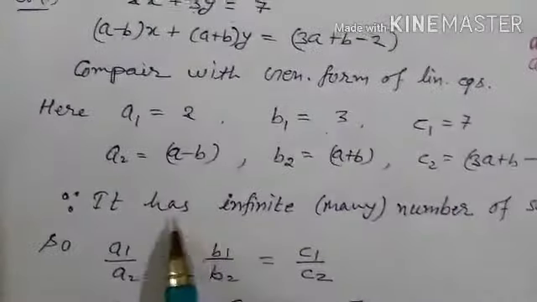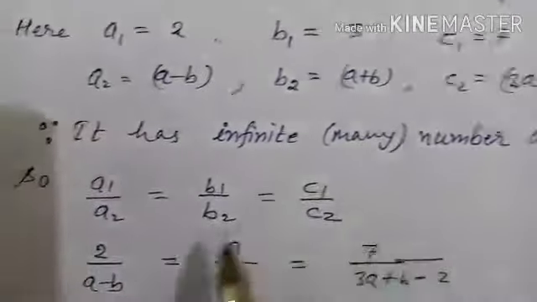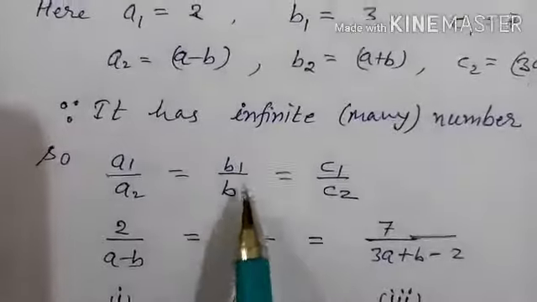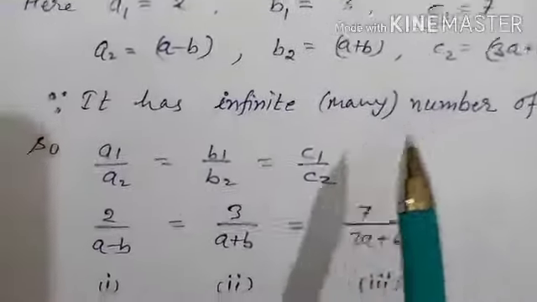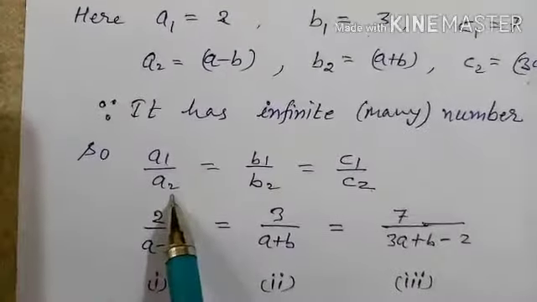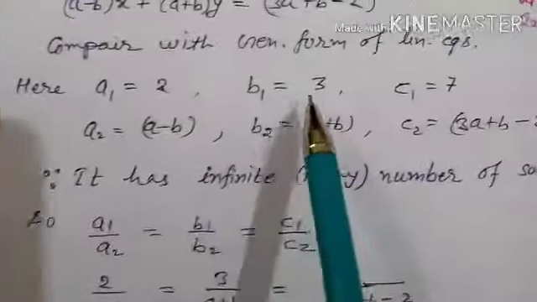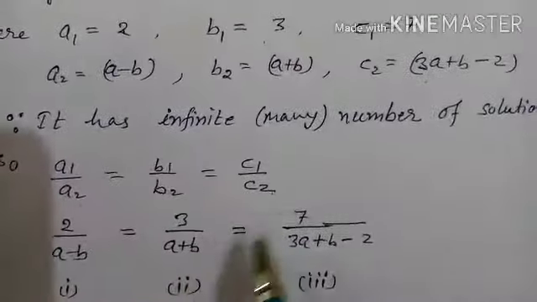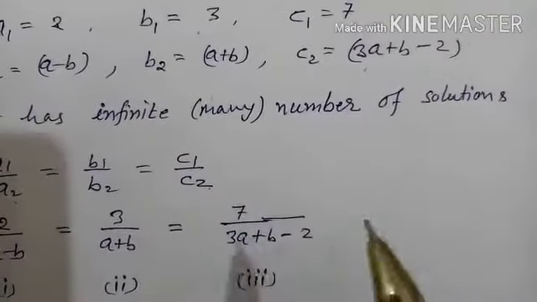Now since it has infinitely many solutions, a1 upon a2 equals b1 upon b2 equals c1 upon c2. This is the condition for many solutions. So in place of a1 and a2 put these values: 2 upon a minus b equals 3 upon a plus b, and c1 upon c2 means 7 upon 3a plus b minus 2.